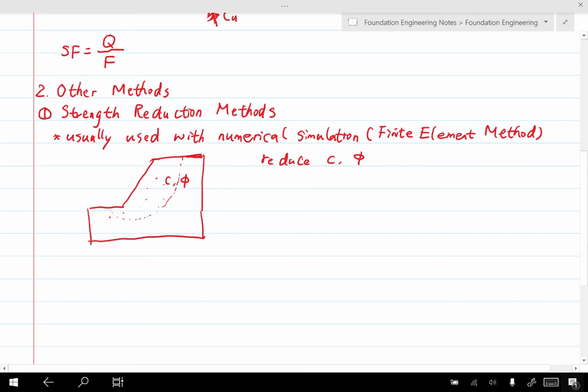If this plastic region passes through the whole soil, or in some cases the simulation cannot be continued because the whole structure becomes unstable, if any of those conditions appear, then we record this reduced C and reduced phi. Then the safety factor is the original parameters divided by the reduced parameters. So we know that it will be greater than 1.